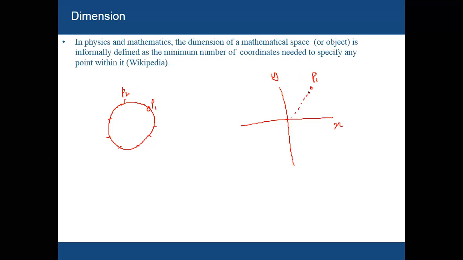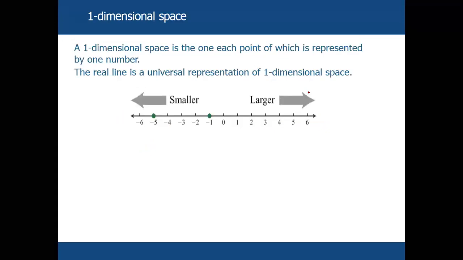The minimum set of numbers required to specify the location of point P1 is called the dimension. In one dimensional space we need only one number to specify the location of a point. In two dimensional space we need a set of two numbers.